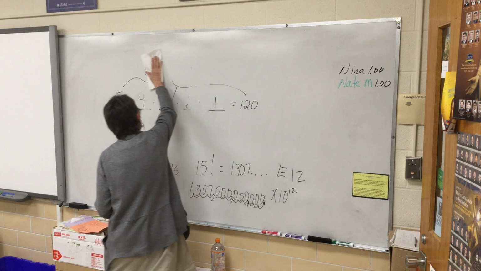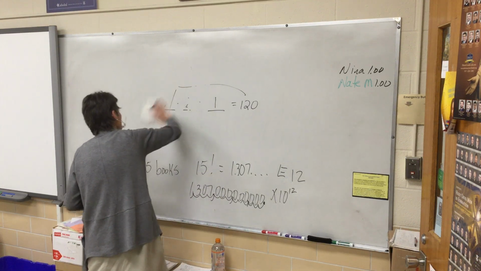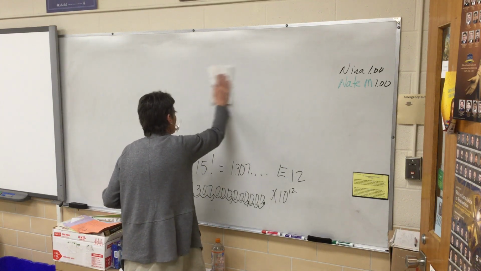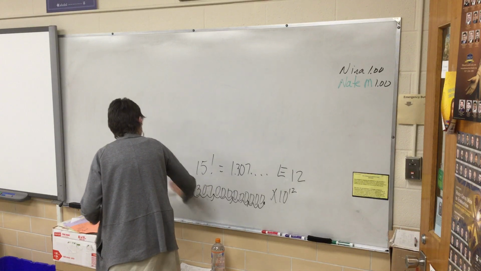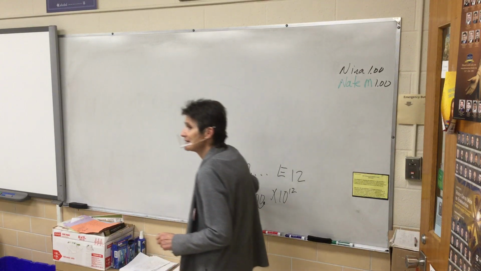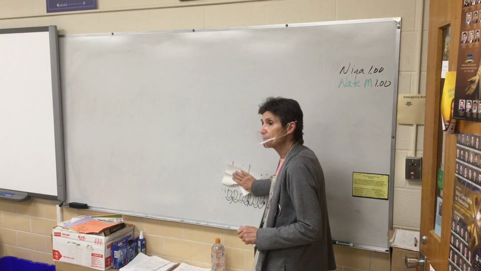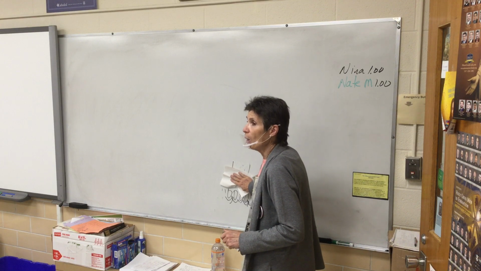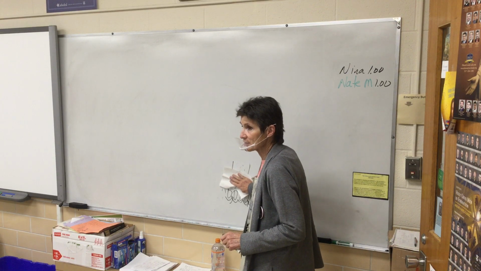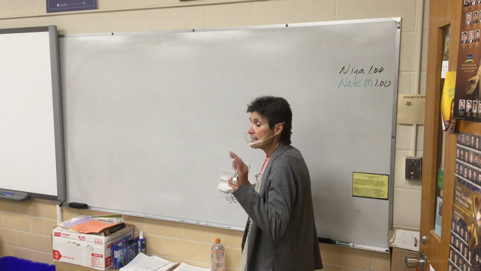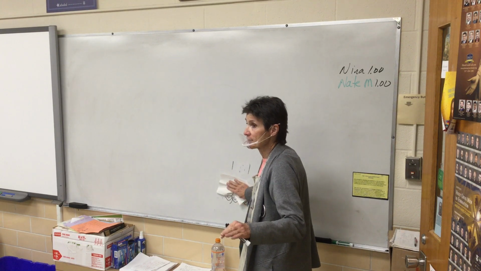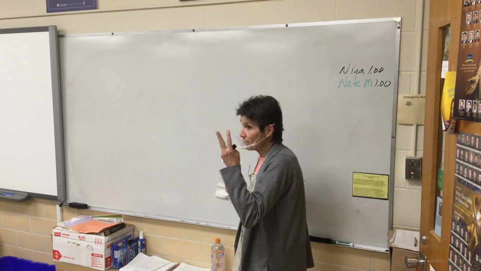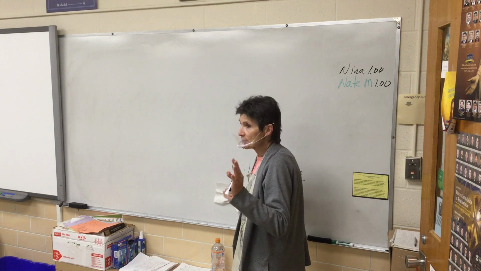No, but that is a great idea, and it's actually closer than you might think. Here's the deal. When we say 10 factorial, Ella, we are arranging all 10 things. Now, if I have 10 people running a race, but I'm only giving away 3 prizes, then I'm not going to use 10 factorial.